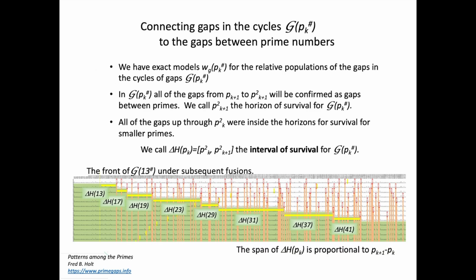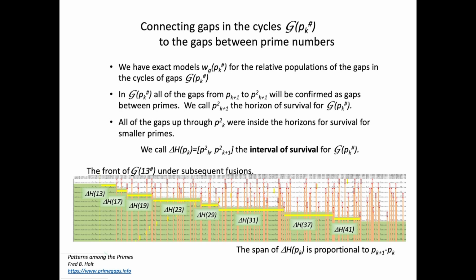So the interval that is uniquely fixed for survival by the recursion at that stage is the interval of survival from the current prime squared to the next prime squared. So that's our interval of survival. And here we've highlighted those intervals of survival over the examples that we just stepped through.